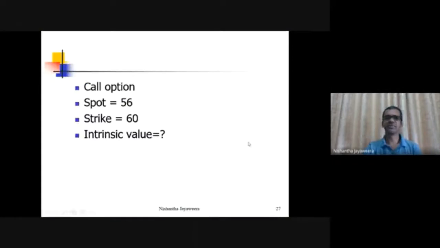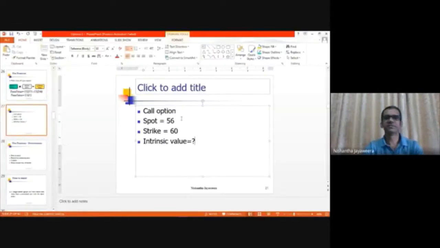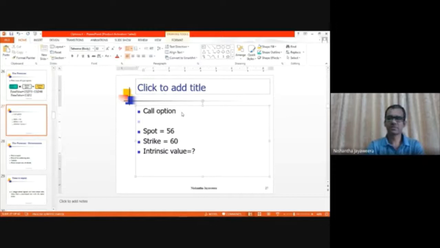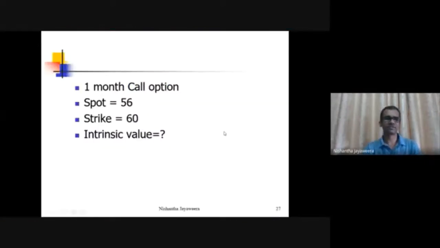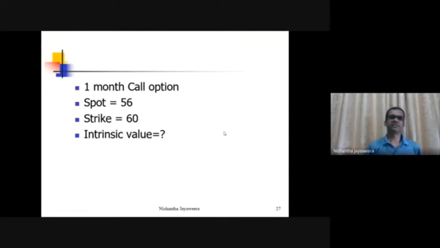Can someone tell me what the intrinsic value is? Of this option contract. It's a 1 month call option, spot price 56, strike price is 60. What is the intrinsic value?